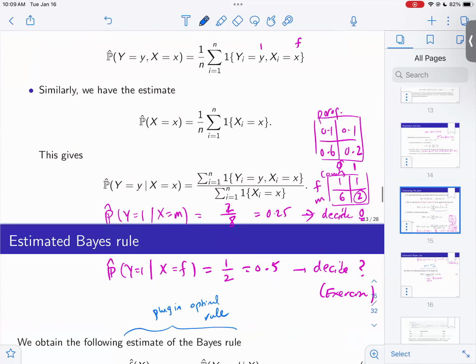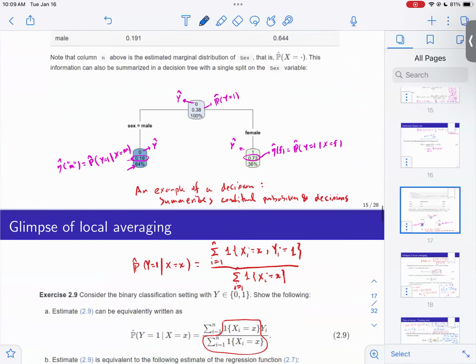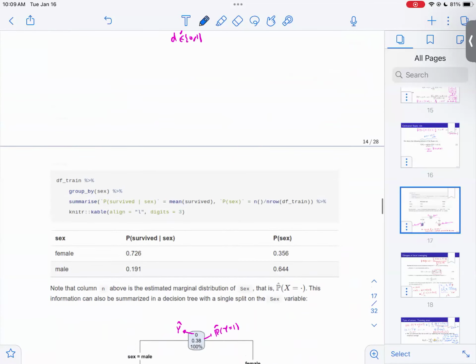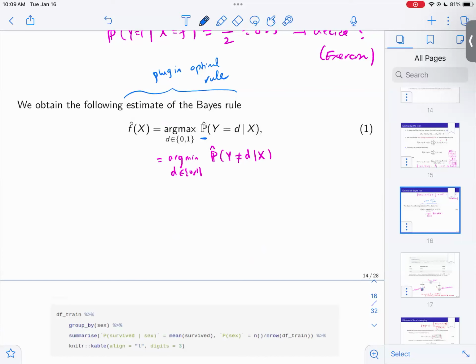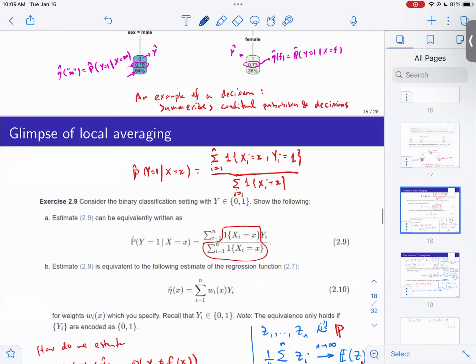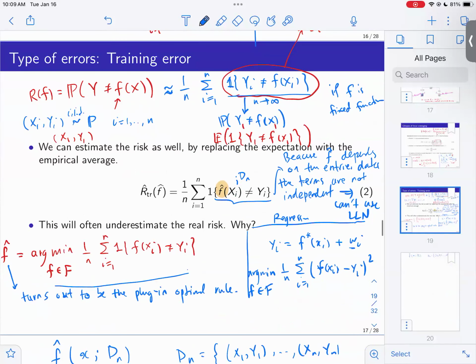So if you follow through the argument why the optimal rule minimizes the Bayes risk, you see that this minimizes the training error, because that's the equivalent of the Bayes risk when we use empirical samples. If you understand this, you understand most of the things that we discussed in the past two lectures. It's a very good exercise.